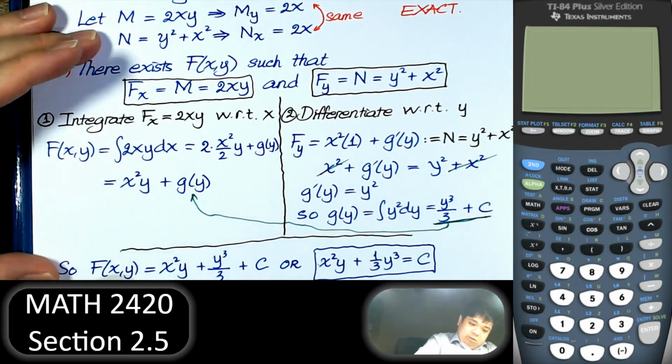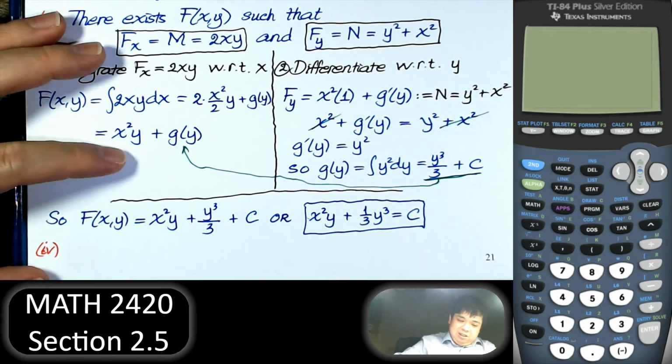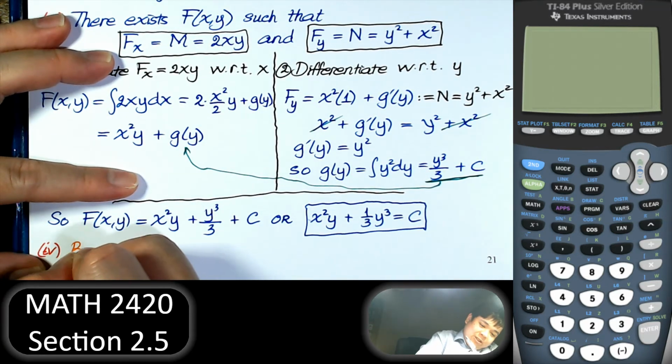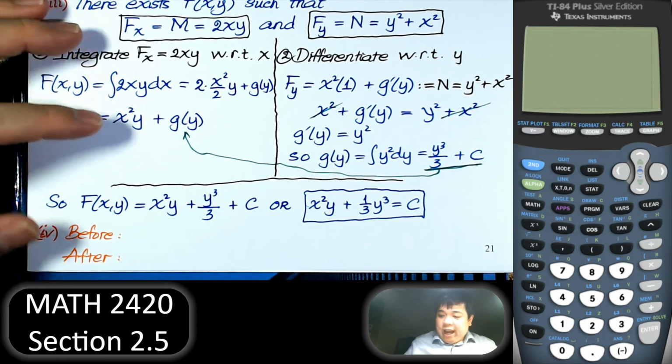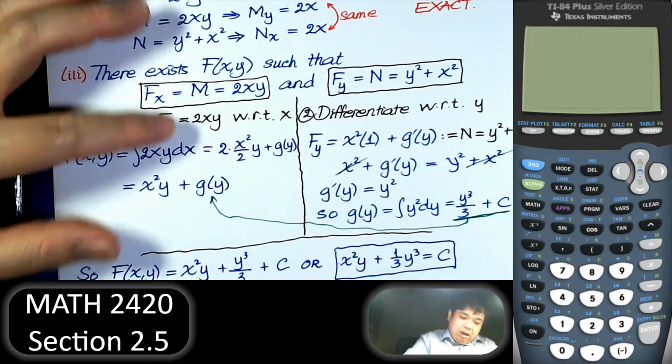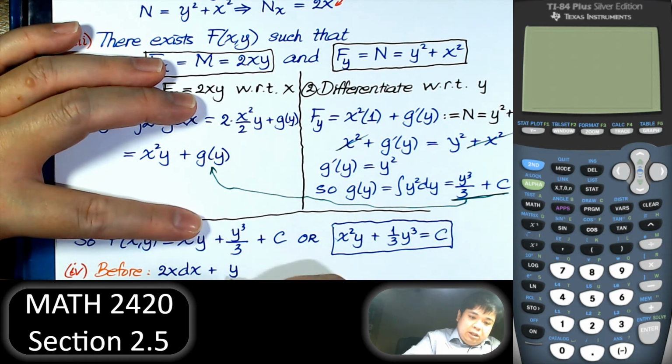Right, number 4. I'll just do before and after multiplying the integrating factor. Before, what do we have? The original problem. I just copy from the original problem: 2x dx plus y plus x squared y to the negative 1 dy equal to 0.